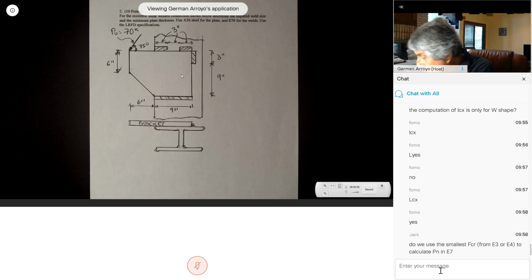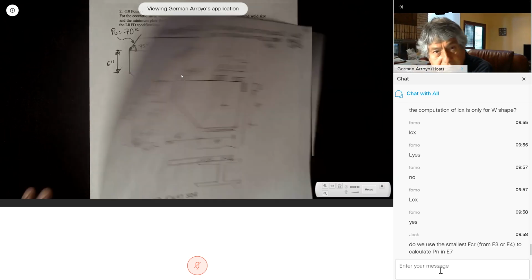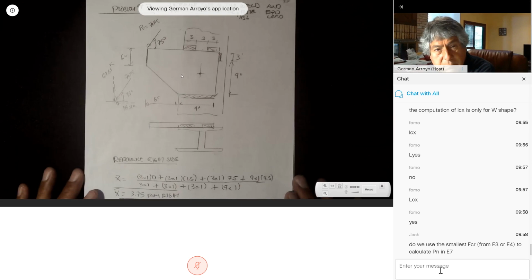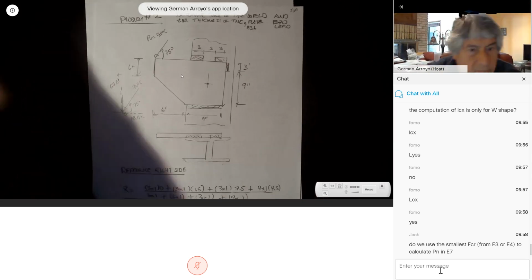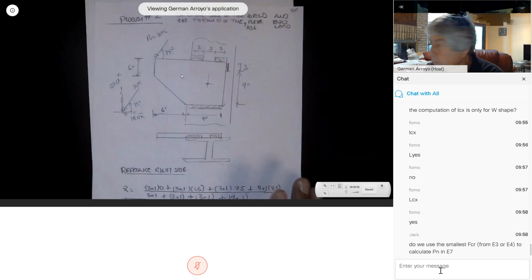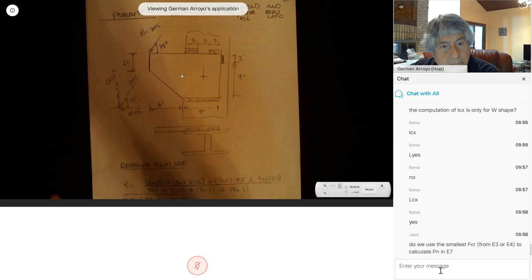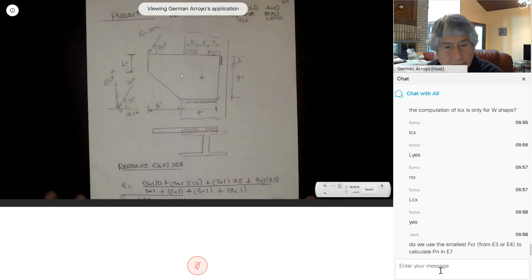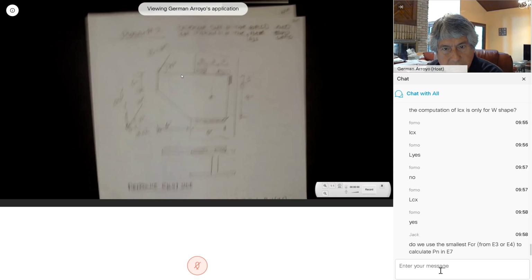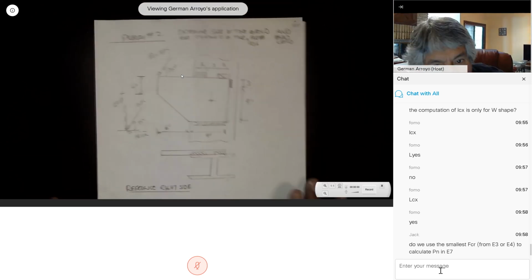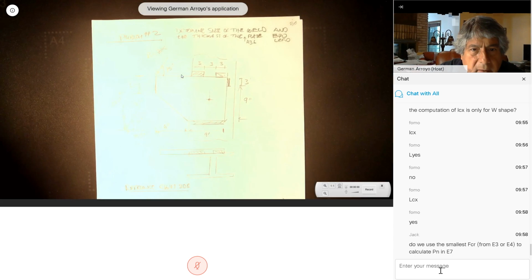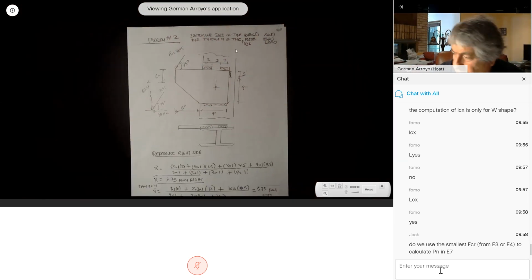So to do this, they want to know the size of the weld and the thickness of the plate, E70.